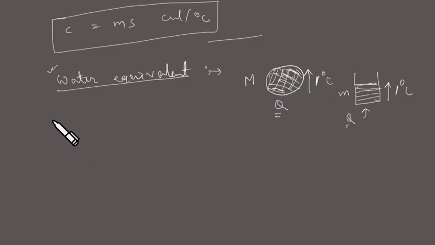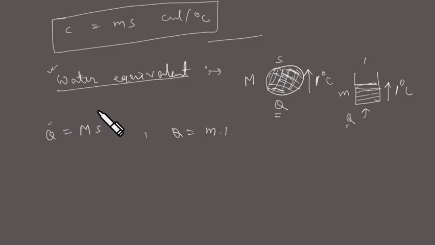That means here Q for the body equals M S ΔT, and let's say the specific heat capacity is S, ΔT means 1 here. For the water, the specific heat capacity is of course 1 in CGS, so Q equals m into 1 into 1, right.